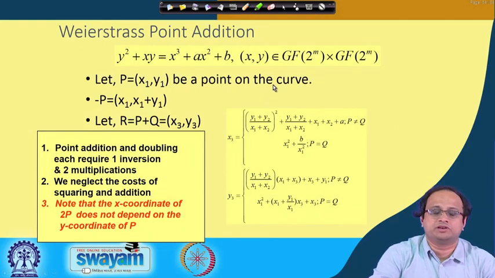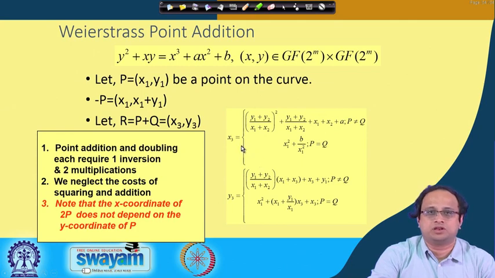Like we were discussing, this form of the curve is defined over characteristic two fields, where x and y are elements of GF(2^m) cross GF(2^m). We stopped in the last class by noting that the x coordinate of the doubling operation, that is when you are doubling P, computing 2P, depends only upon the x coordinate of P. It does not depend upon the y coordinate of P. That is an important observation, and we also discussed that we can potentially perform the addition in a similar way with only the x coordinates.